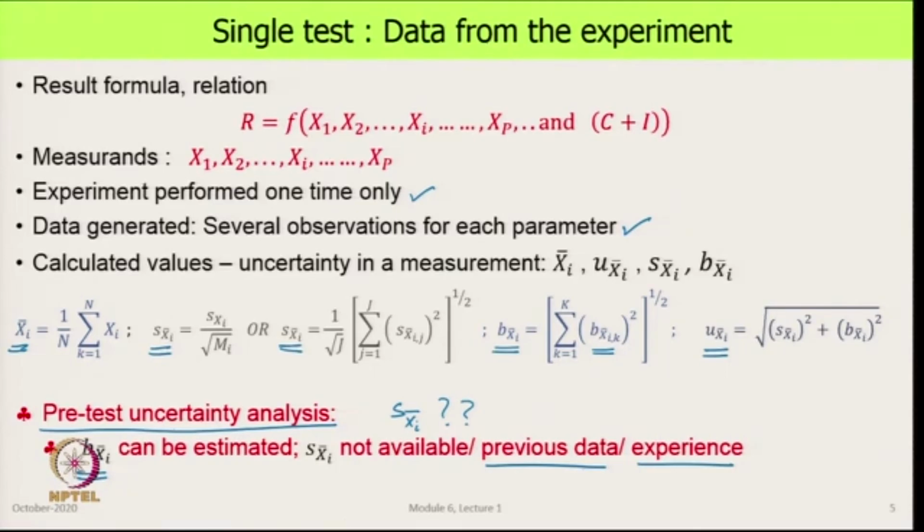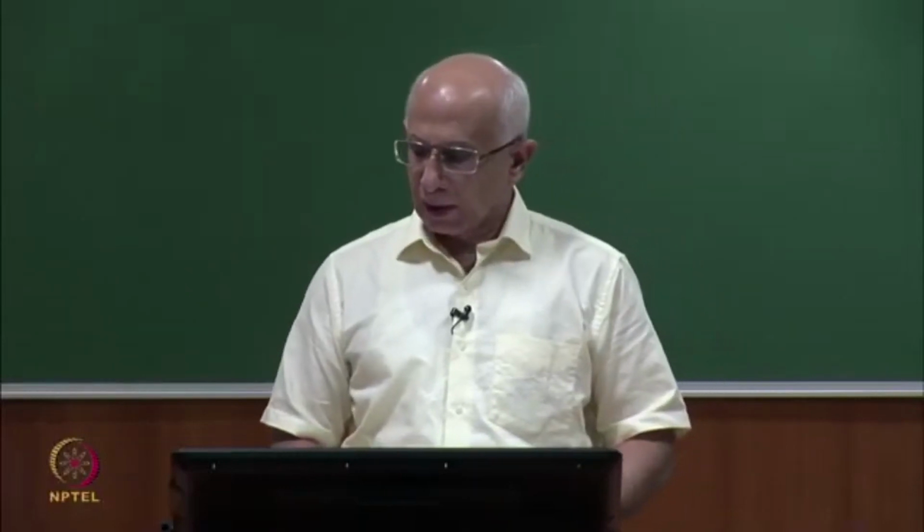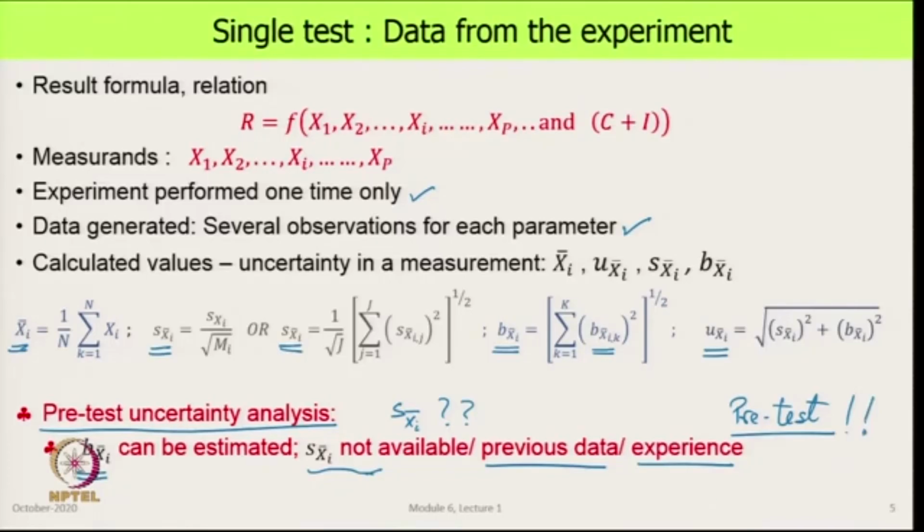So, this is a technique. The single test technique is reasonably okay for the pre-test stage, except for this one little item. So, in the whole experimentation process, when we talk of pre-test uncertainty analysis, this is what we would do, and we take care that the multiple test option is not available to us.